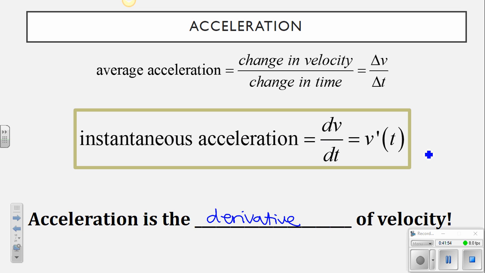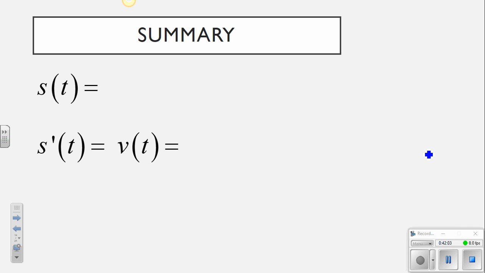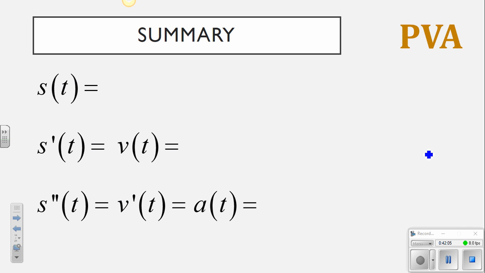You guys probably see that below, the little acronym there, PVA. What do you think P stands for? Take its derivative, you get velocity. Take its derivative, you get acceleration. Position, velocity, acceleration.